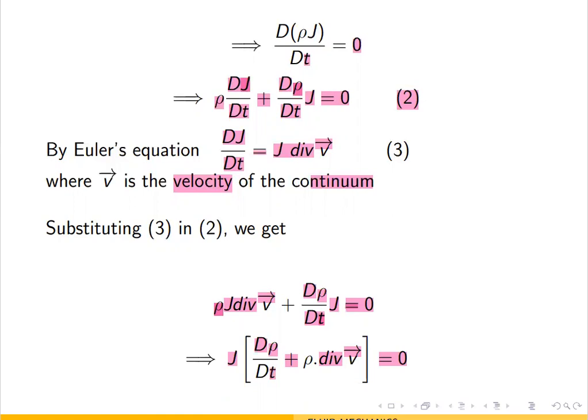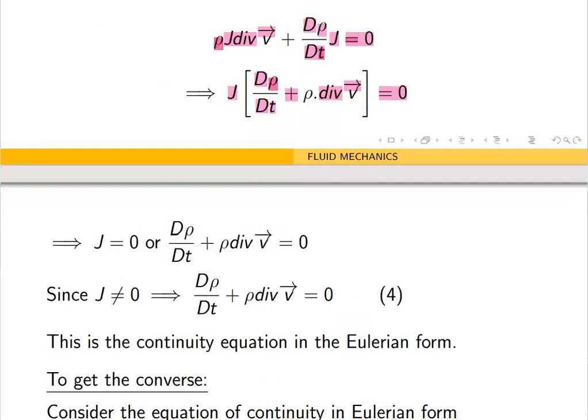That means either J equal to 0, or the term within the bracket equal to 0. Since J is not equal to 0, d rho by dt plus rho divergence v has to be equal to 0.